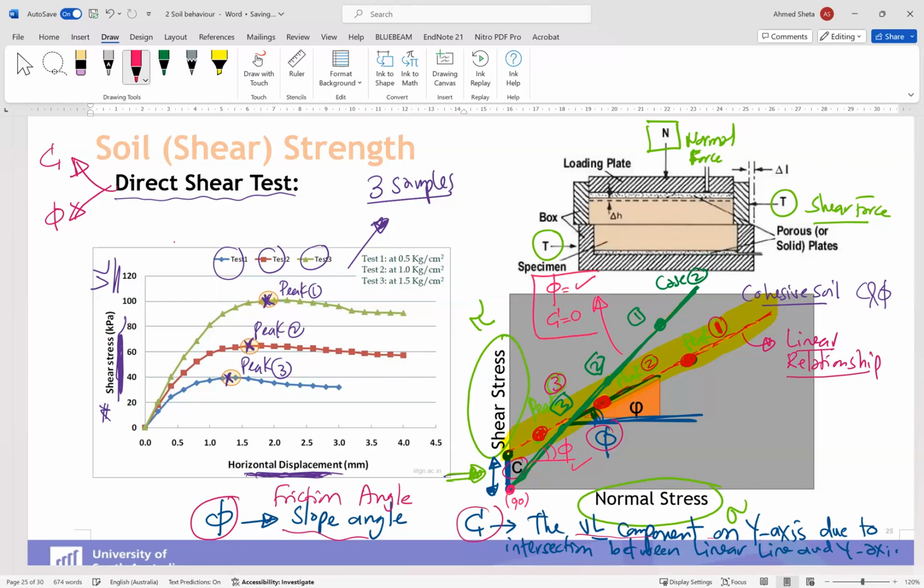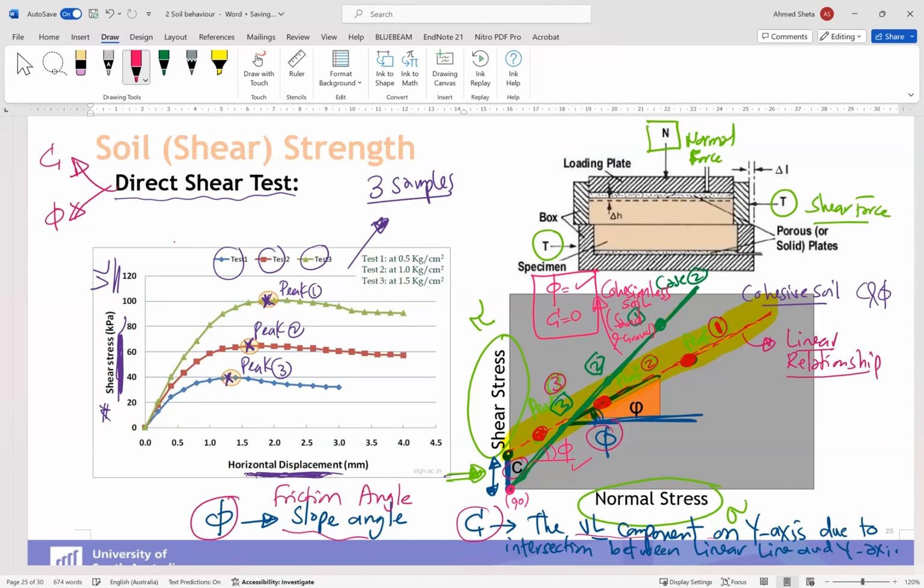So if we have this case, what do you expect? Cohesive soil as well, or another type of soil? This soil is cohesionless soil, or we can say it is sand or gravel.